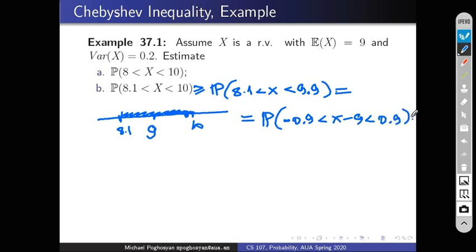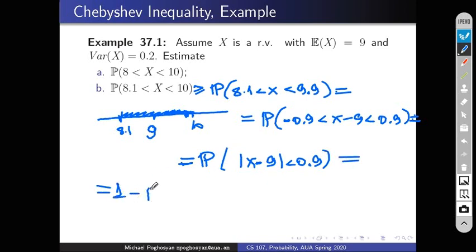So I can write this in the form of absolute value: the absolute value of x minus 9 is less than 0.9. Now to use the Chebyshev inequality, I'm passing to complements. So 1 minus the probability that the absolute value of x minus 9 is larger or equal than 0.9.